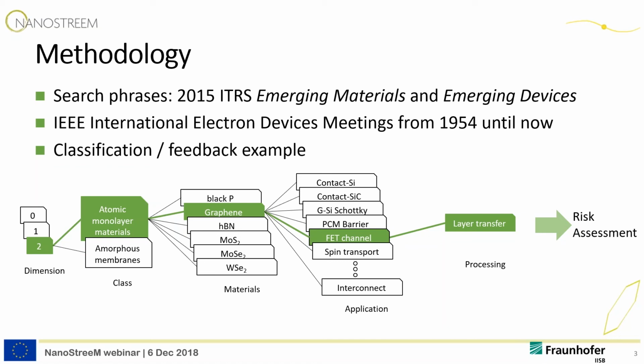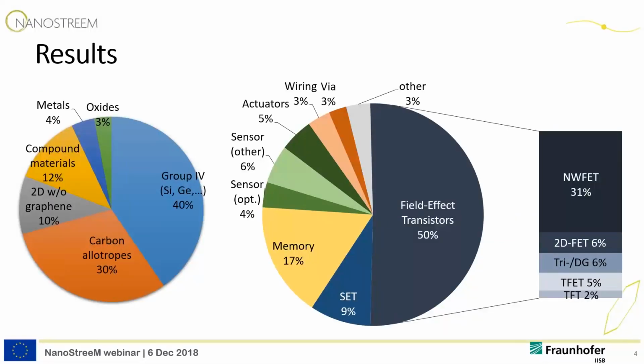There's hardly only one technique to transfer this material, and this is a mechanical transfer by exfoliation from a graphite crystal or by transferring CVD grown material on a metal sheet and then afterwards removing the metal. Next slide, please.